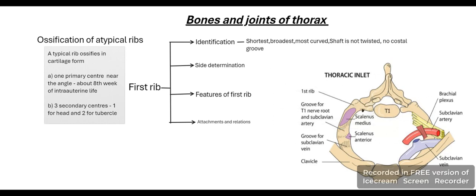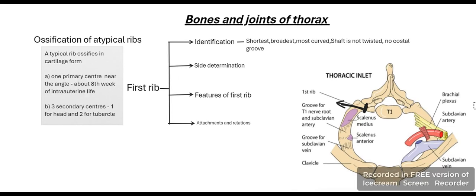The neck is rounded and directed laterally, upward and backward. There is a tubercle. That tubercle is large and coincides with the angle of the rib. It articulates with the transverse process of the first thoracic vertebra to form the costo-transverse joint.